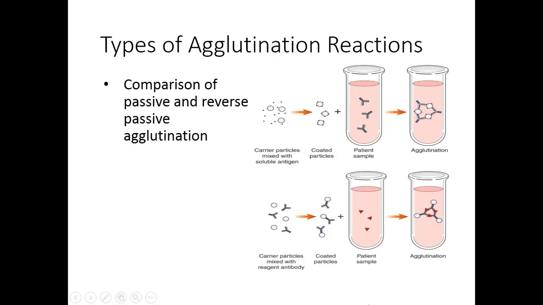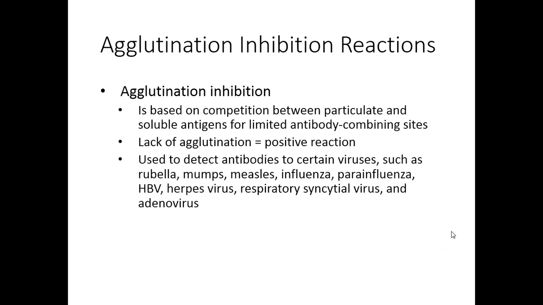But anyway, we're going to bind antibody to the carrier particle. We add that to the patient's serum, which presumably, if it creates a lattice formation, then we know that the patient had the antigen within the sample. So in both of those cases, agglutination means that it's positive for whatever we're looking for in the patient's sample. Simple, right? Not so bad.